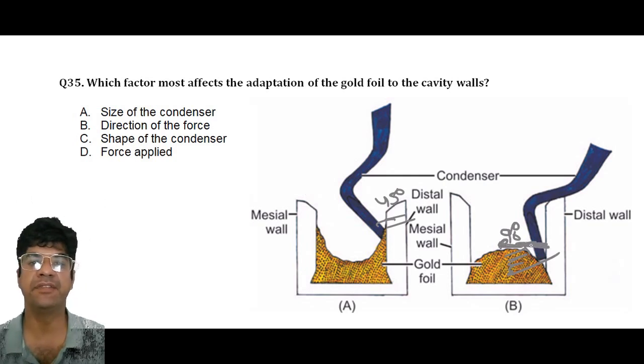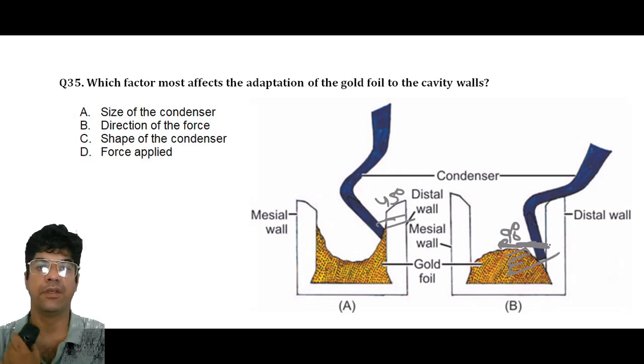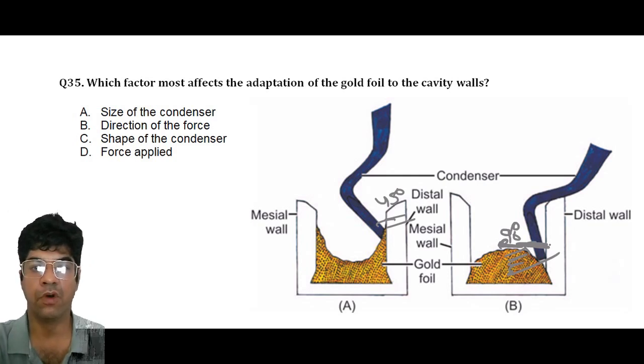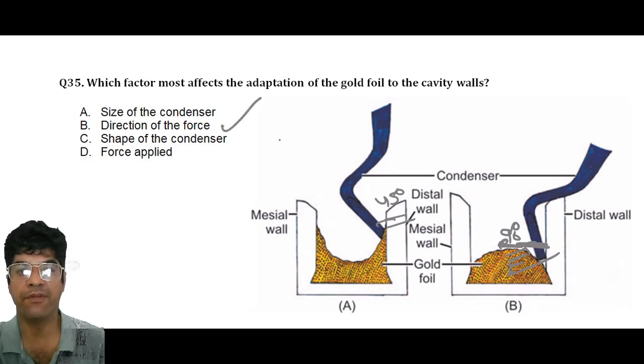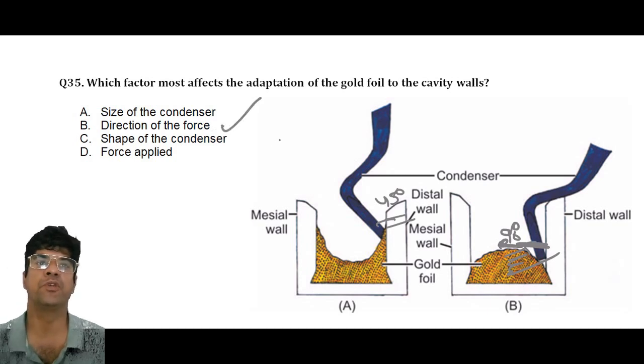The condensation starts from the center to the periphery. Option A, size of condenser: it can influence the adaptation of gold foil to some extent, but it is not the most critical factor. The direction and force of condensation are more important for achieving proper adaptation. So the answer is direction of force.